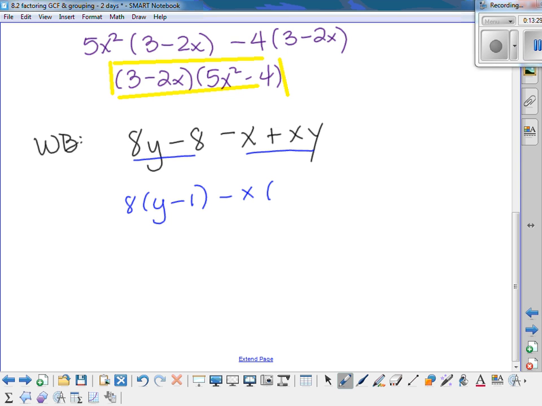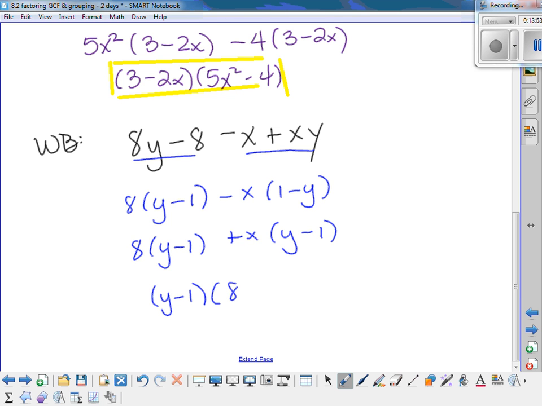And what happens if we do that is I end up with my opposite binomial. So I actually just wanted to take out a positive x. If I make that plus x, then I can switch this around to y minus 1. So you just make it the opposite of what it was before. And so that's why it ends up being y minus 1 times 8 plus x.